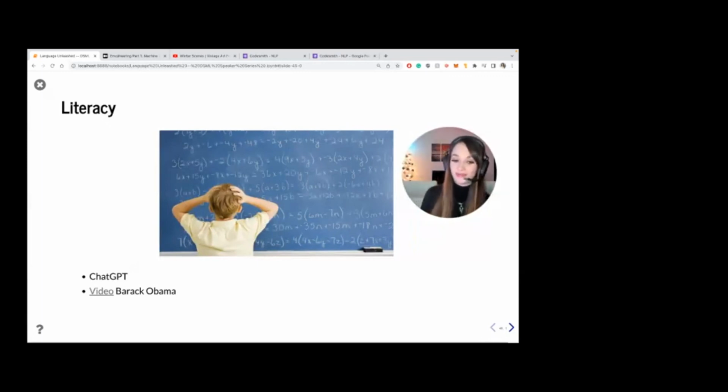That is just to say that we're in an interesting time where we have very powerful tools, like ChatGPT. I actually picked the title of my talk using ChatGPT, so that's why it's Language Unleashed. ChatGPT told me to name it like that. But what I want to say is that we're entering into a world that has a lot of deep fakes. We are relying more and more on data, so it's important that we have data literacy.